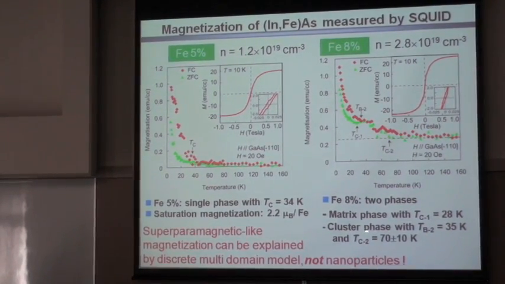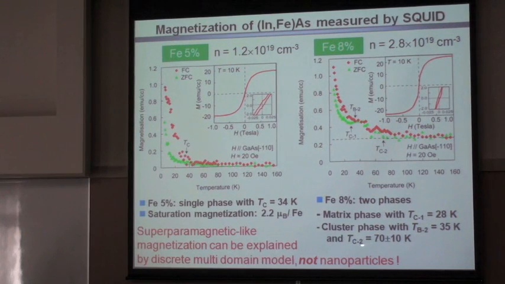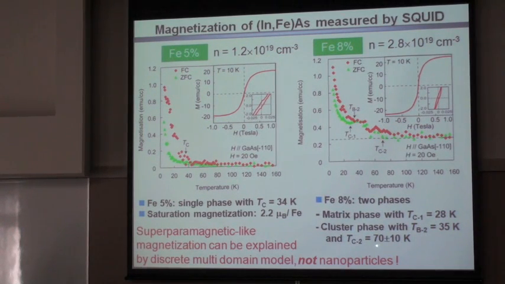The other one is a magnetic cluster phase with a higher Curie temperature of 70 Kelvin and a blocking temperature of 35 Kelvin. So this kind of magnetic data with superparamagnetic-like hysteresis can be explained by the multiple domain model. It is not from nanoparticles.